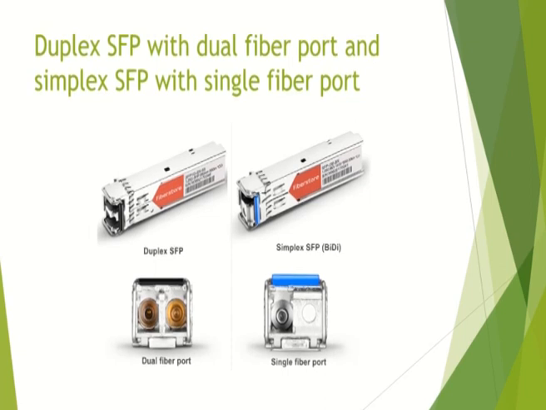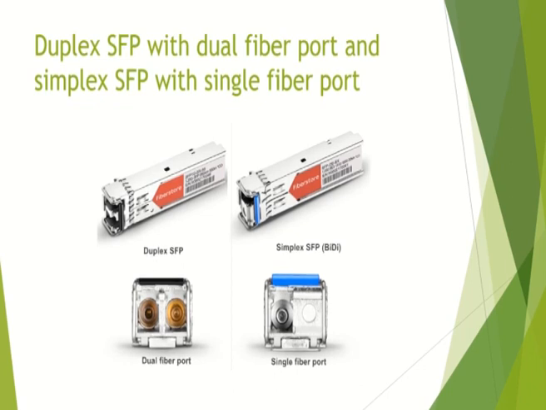The most frequently used BIDI SFP wavelength pairs are 1310 nanometers / 1530 nanometers, 1310 nanometers / 1490 nanometers, and 1510 nanometers / 1590 nanometers. And the transmission distances vary from 10 kilometers to 160 kilometers depending on the wavelength used.